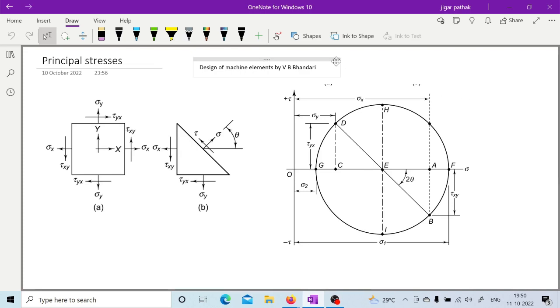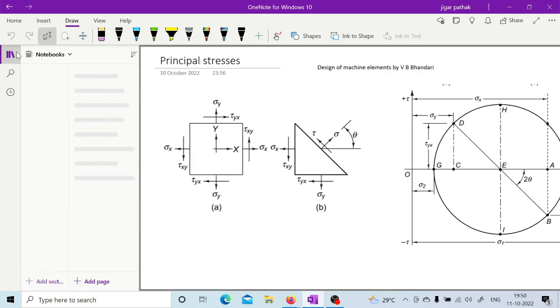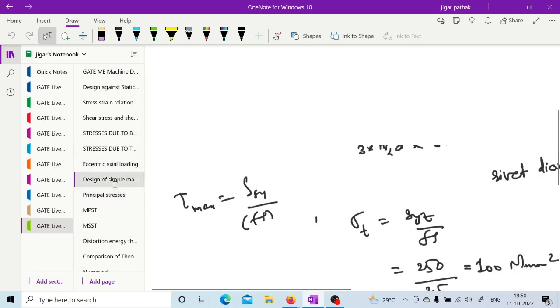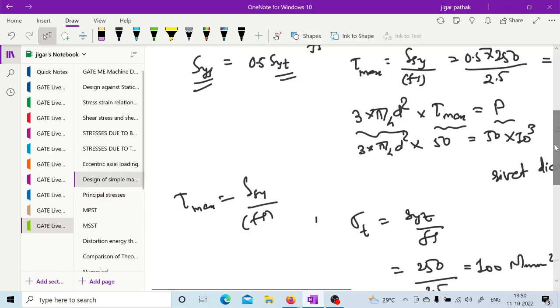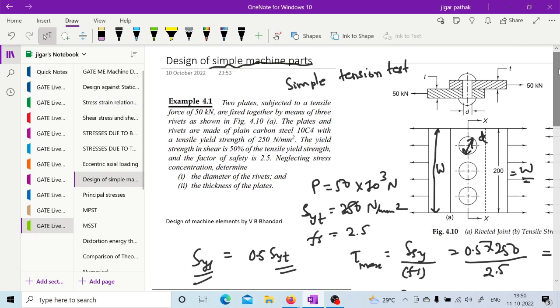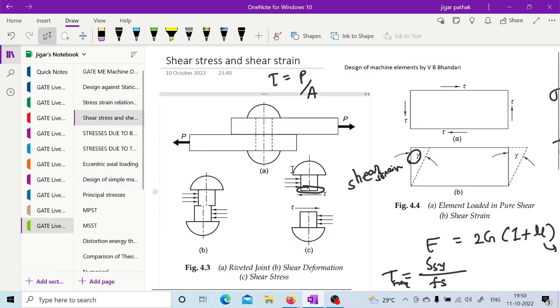See, actually, in case of that previous example, as I have told you, in case of rivet, there is shear stress acting, right? Because as you have seen here, in case of failure of this rivet, shear stress is responsible. So whenever you are designing these rivets, the shear stress you are going to consider.